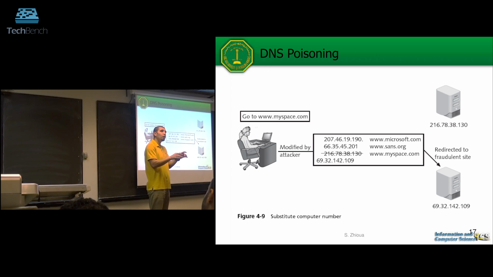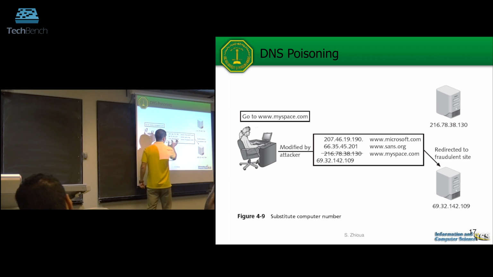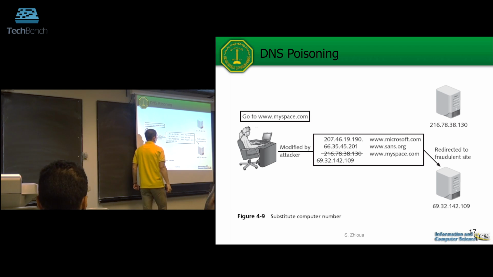The legitimate user will ask for gmail.com, and if you can manipulate the DNS mapping, it can be forwarded to the attacker's IP. So the goal of DNS poisoning is to change that mapping.